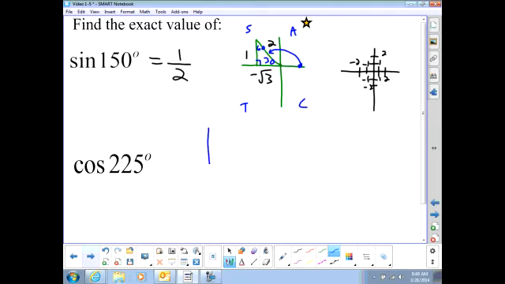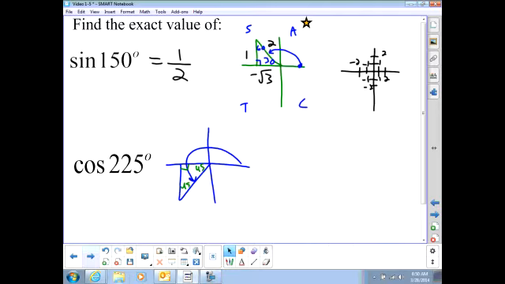Cos of 225 now, that would be in the third quadrant. We are going beyond 180. We always work off of 180 or 360. We have gone 45 degrees beyond 180, so 45 is our reference angle, meaning we have a 45, 45, 90 triangle.